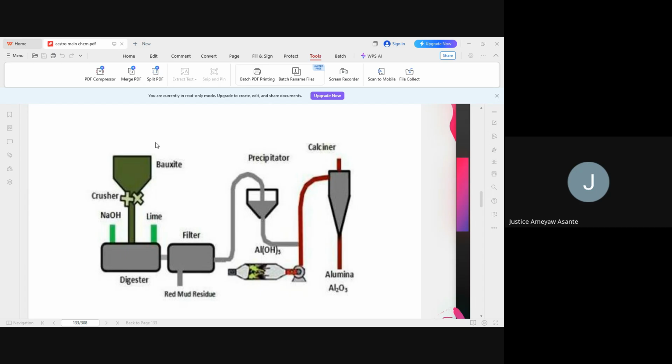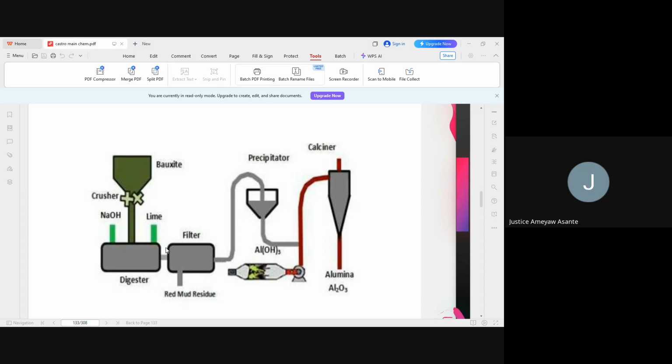Then when it is crushed, it descends into the digester, where you have your sodium hydroxide on the line. Then you know what has been formed here, because the sodium hydroxide has converted the aluminum to aluminum oxide. Then the silica has also been converted to silicate.